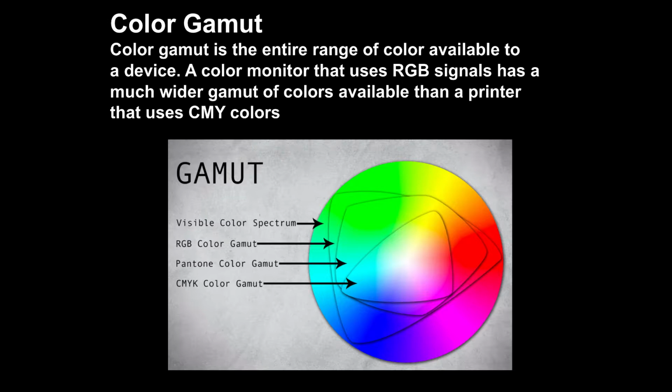Pantone is a color system used by graphic designers, and the one with the lowest color gamut is CMY, CMYK. When we start working digitally, we'll make sure that all our files are in RGB, and so we'll be using the widest color gamut available to us.